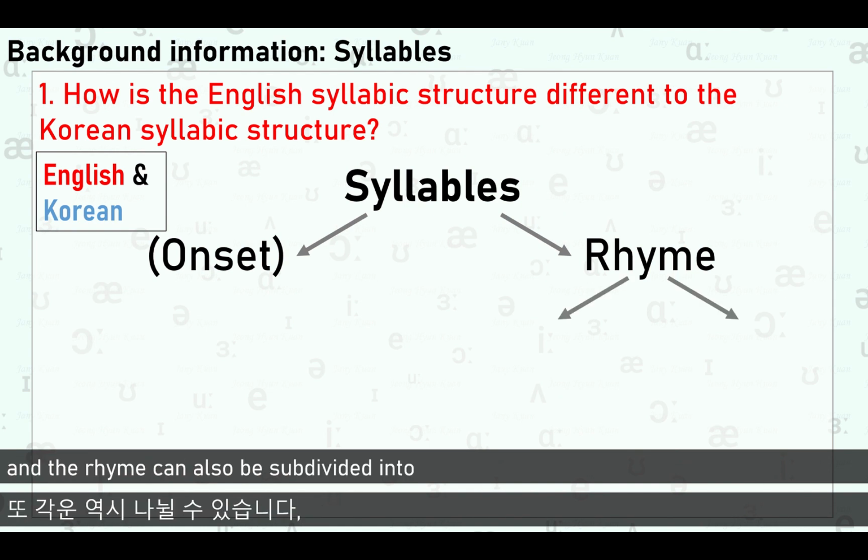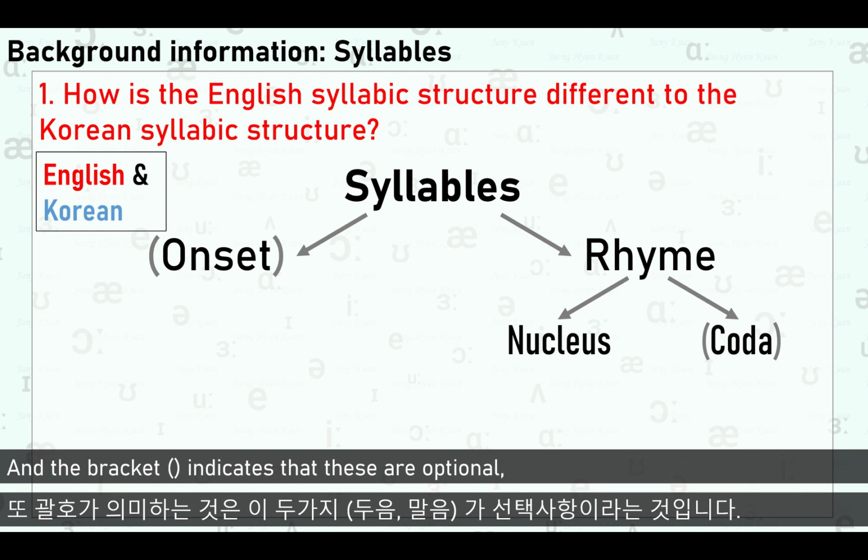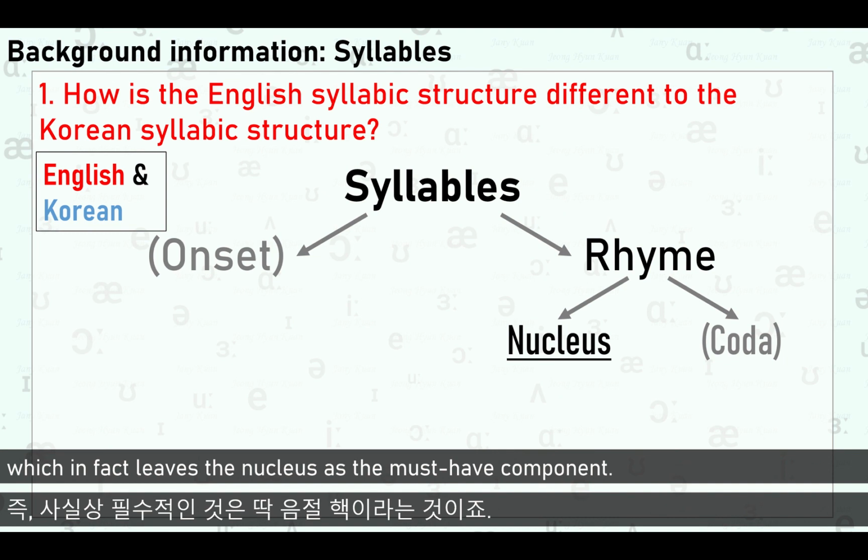The rhyme can also be subdivided into the nucleus and the coda. And the bracket indicates that these are optional, which in fact leaves the nucleus as the must-have component.